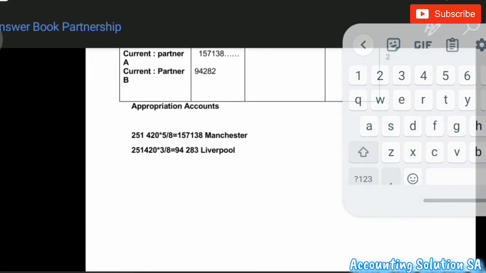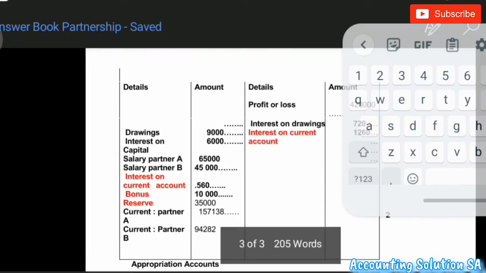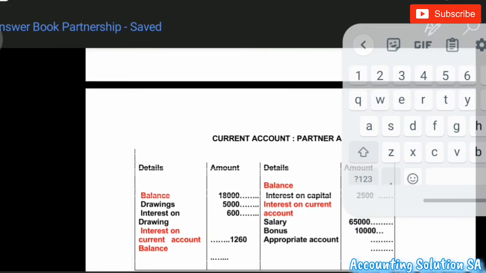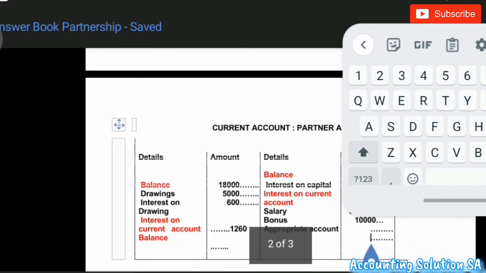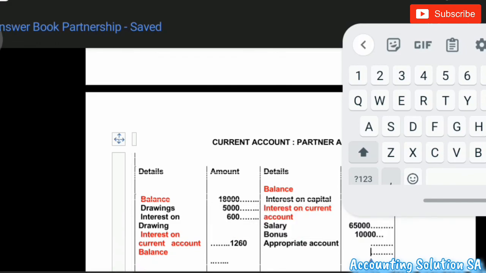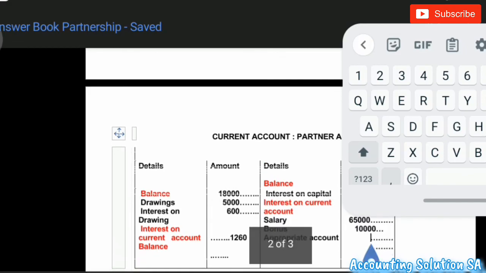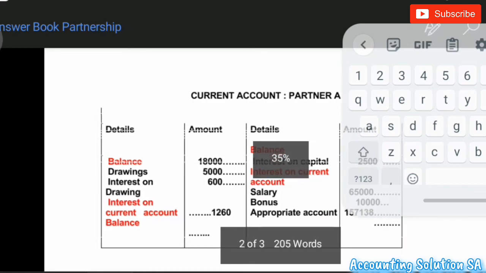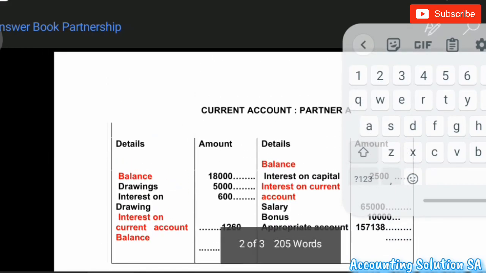Then partner A, 157,138. Simple, guys, simple. So that's all that we have to do under this question.